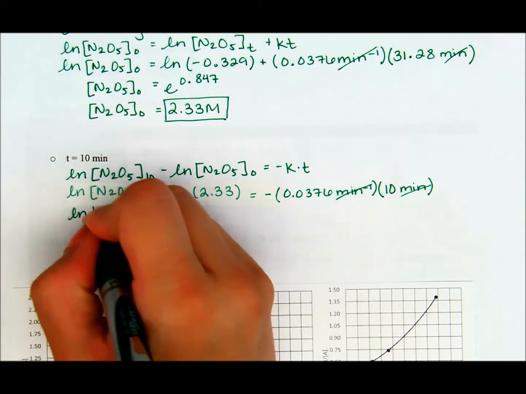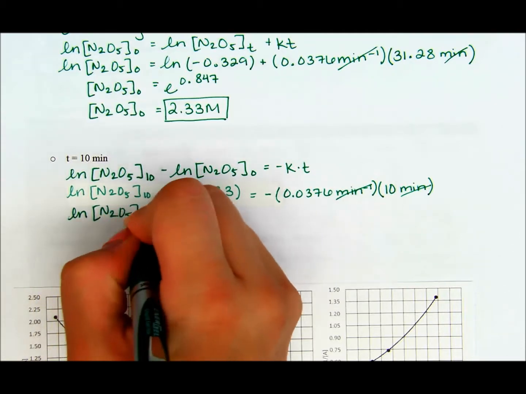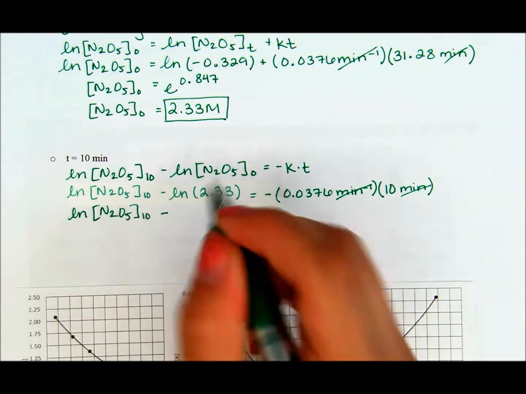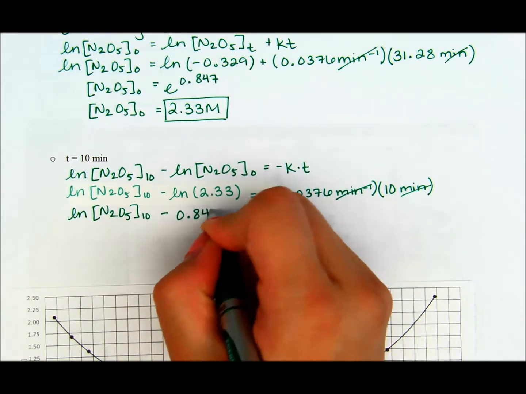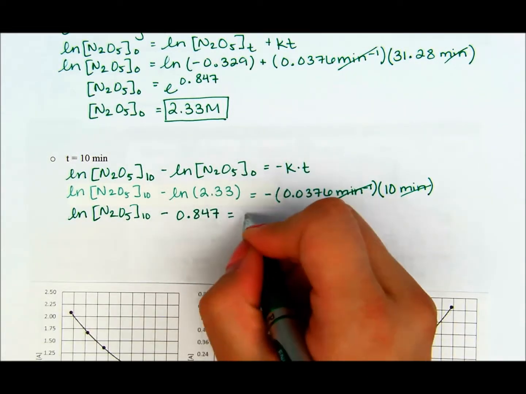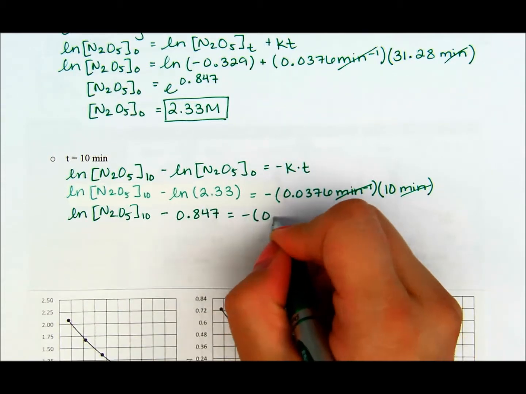So let's keep going. The natural log of N2O5 minus the ln of 2.33 is 0.847, equals, and then just carry everything else down.